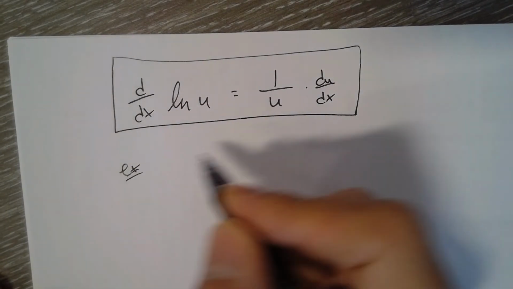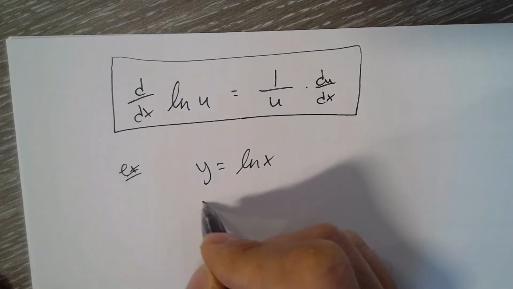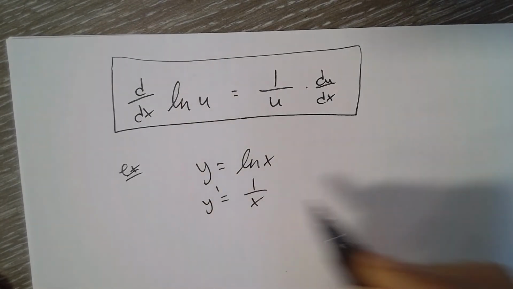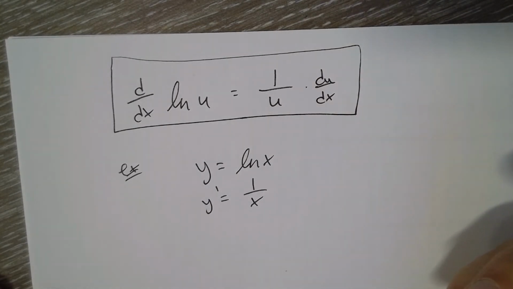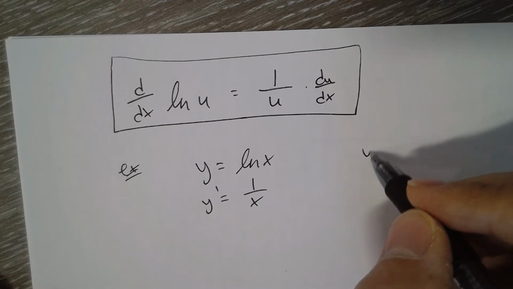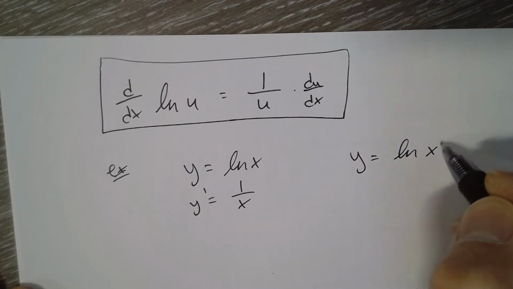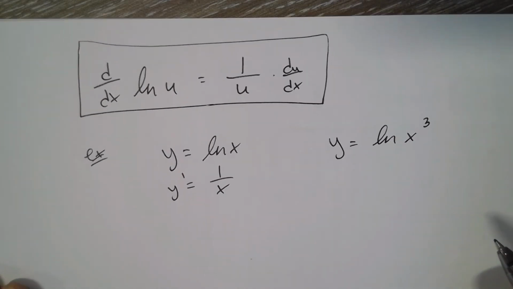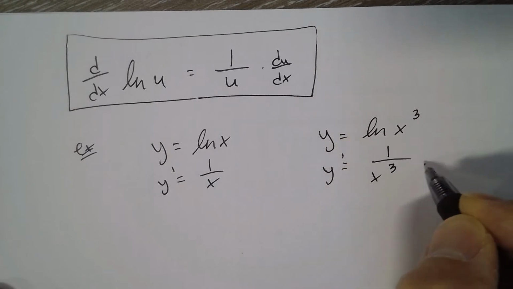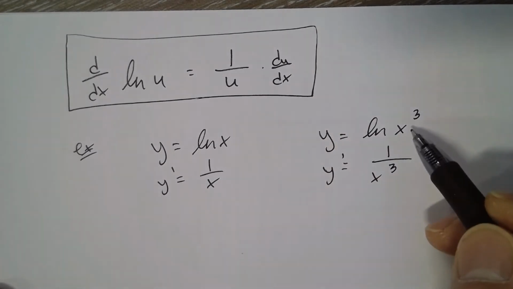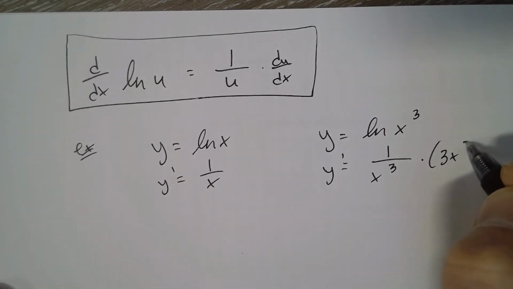So examples: if I have y equals natural log of x, the derivative is just 1 over x times 1, because that's the derivative of x. More complicated, if I have natural log of x cubed, the derivative would be 1 over x cubed times the derivative of u, so times 3x squared.